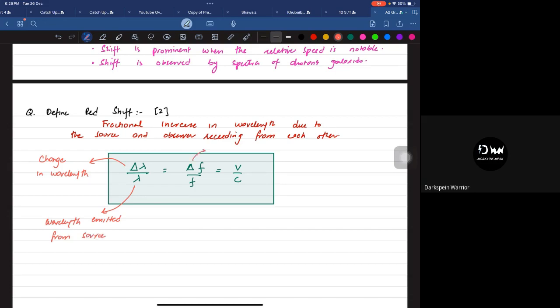This, kids, is the change in frequency. This would be frequency emitted from source. This would be the speed of recession, and that would be the speed of light. Speed of recession means the speed at which it is moving away from us. So please write this down.